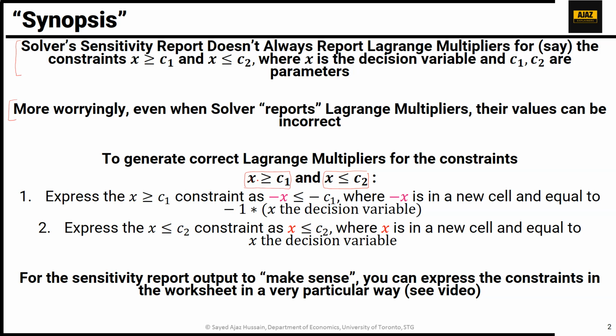So to get the Lagrange multipliers and get the right sign, for this constraint, you must make a new cell. Let's reverse the inequality first, so it'll be minus x, let's make it minus c1. And this pink minus x is equal to minus 1 times the decision variable.